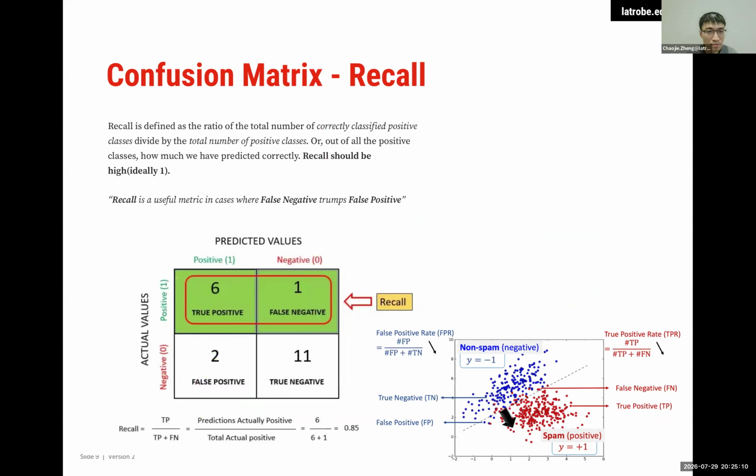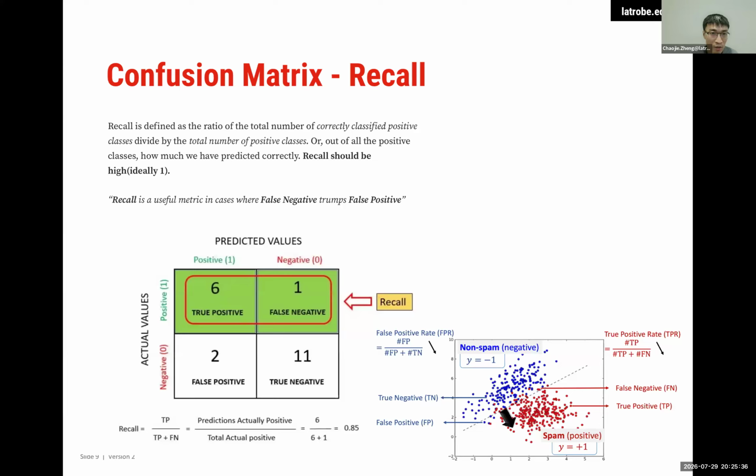And the next measure would be recall. Recall is defined as the ratio of the total number of correctly classified positive classes divided by the total number of positive classes. Or we can say, out of all the positive classes, how much we have predicted correctly.